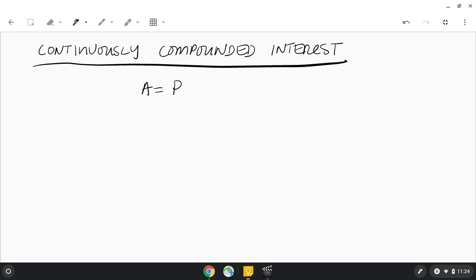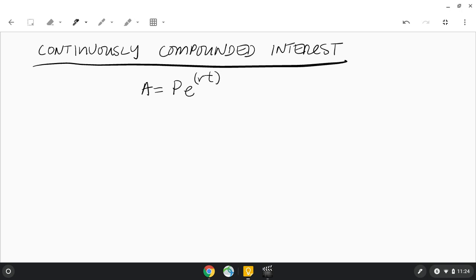There's your principal amount, and we're going to be using E, Euler's number, and your exponent is going to be R times T. There is no n because it's not being compounded, like, 4 times a year. It's compounded continuously, so we don't need an n value.